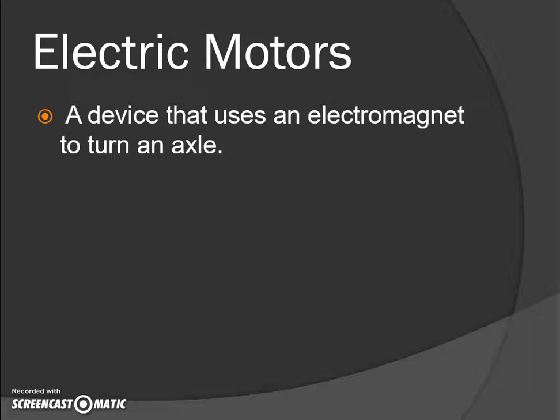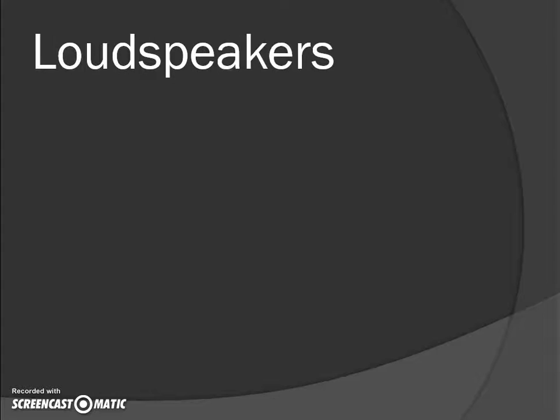So that keeps turning your axle. Okay. Loudspeakers are another example. It has an electromagnet in there. It works a lot like the electric motor does. However, for this, it increases or decreases to produce music, voices, or any other sound that you want to project.